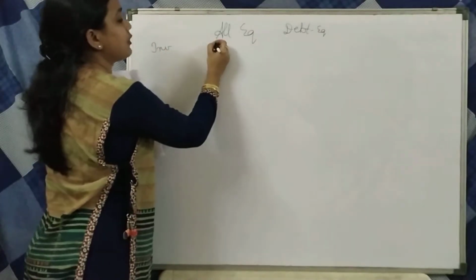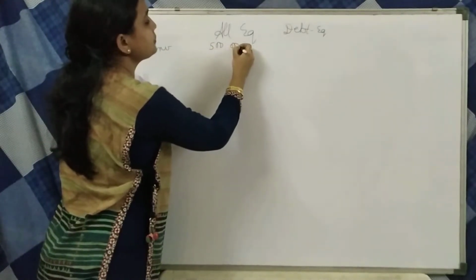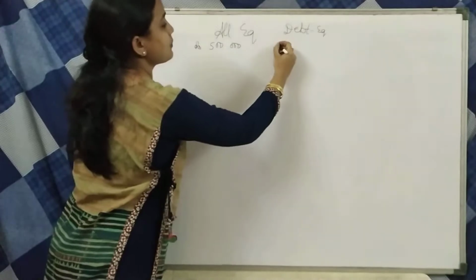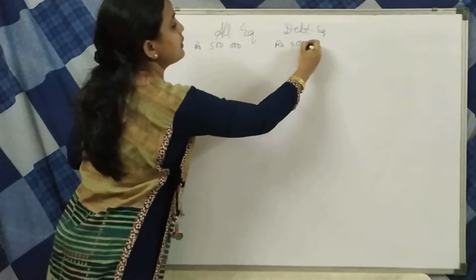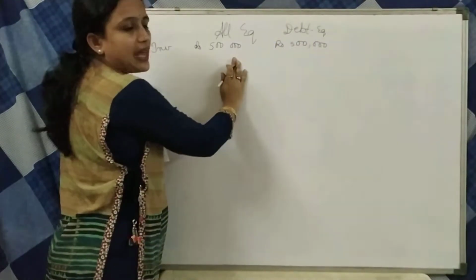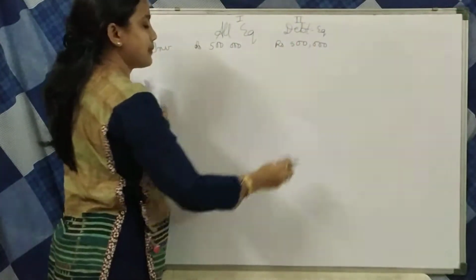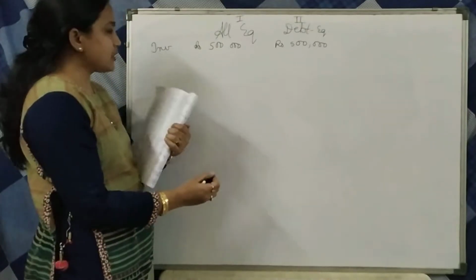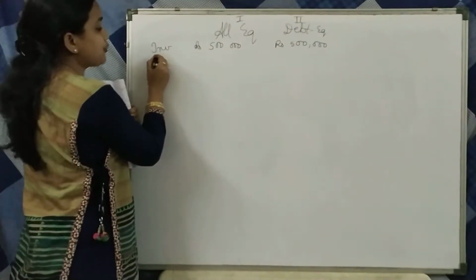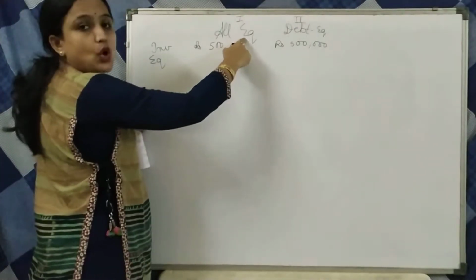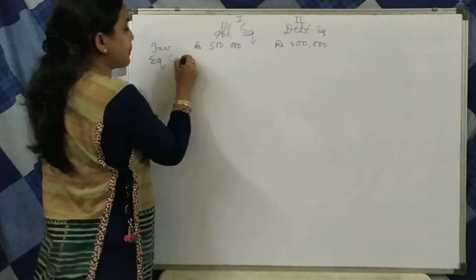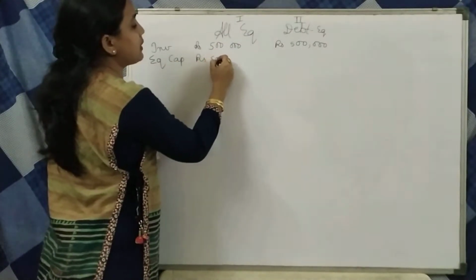Investment required is 5 lakh rupees. This is plan 1 and this is plan 2. Now here we'll start with this. If it's an all equity firm, equity capital will be issued of rupees 5 lakh.